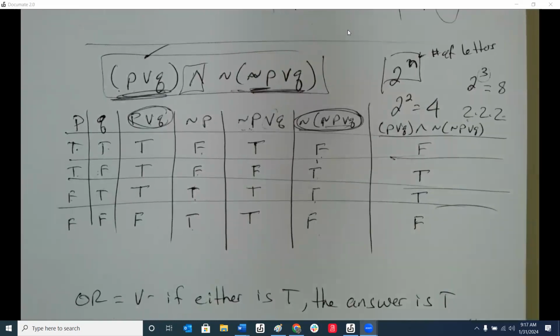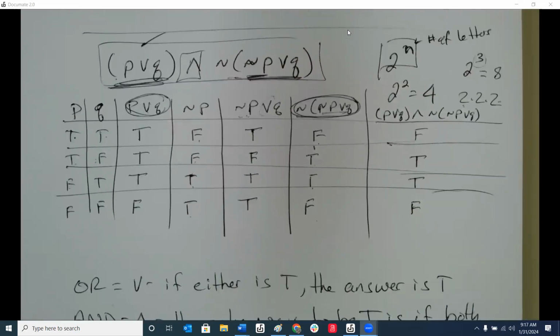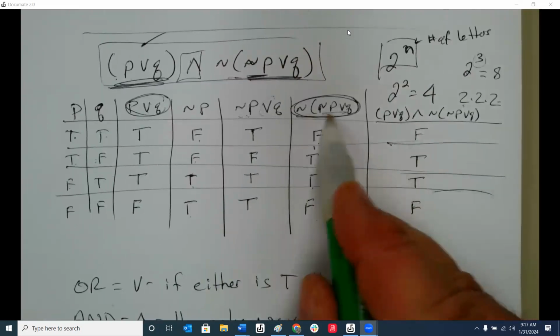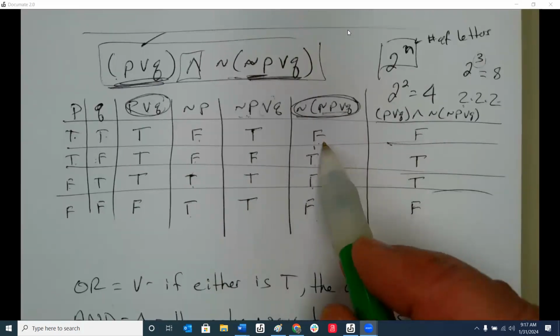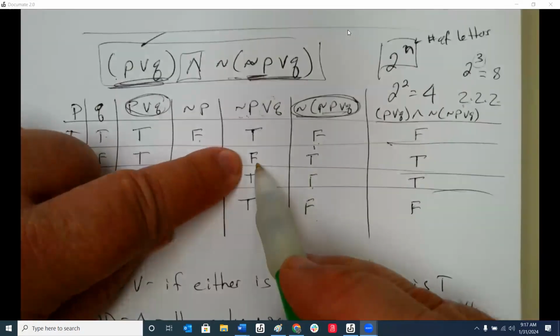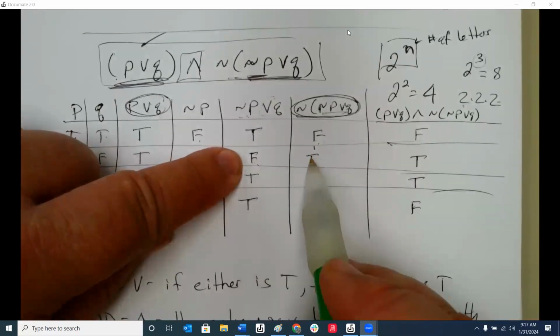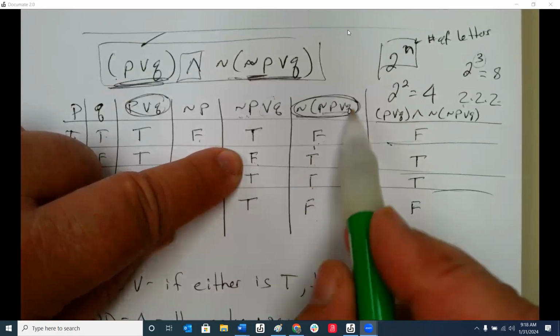Wouldn't the second one be false? So we look at this column. This is false, so the opposite of that is true. But didn't we flip the or into an and inside there?